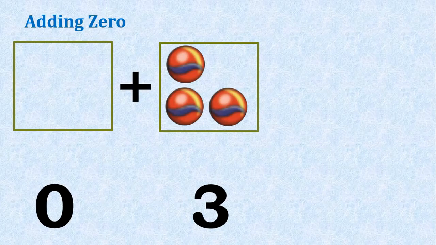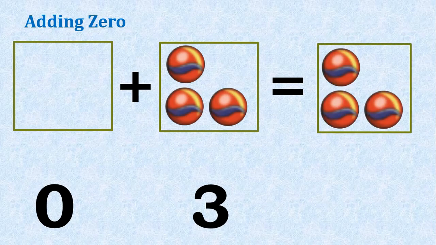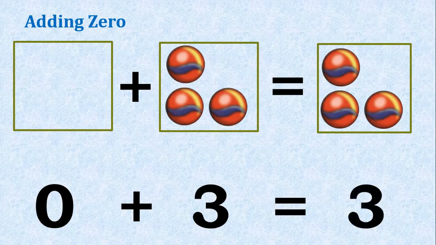Now let us add them. Adding means putting things together and counting them. So when we add 0 marbles and 3 marbles, we get 3 marbles. That is 0 plus 3 is equal to 3.